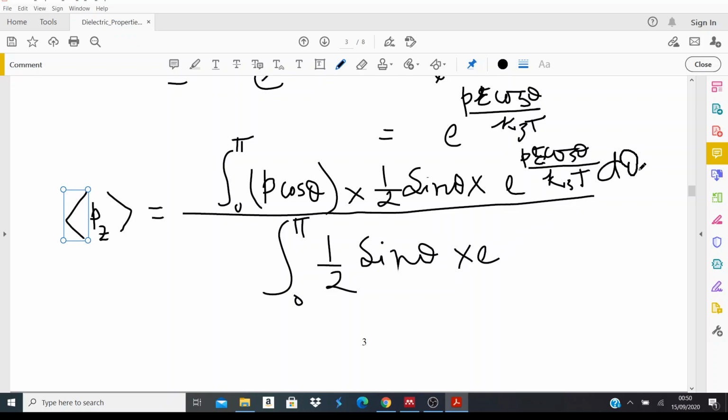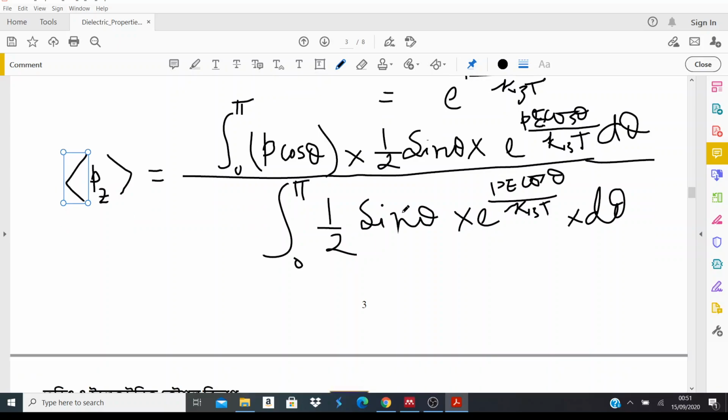Now we should put the integration variable d theta, right? So we have p cos theta by kBT times the integration variable. That's how you calculate the expectation value of the electric dipole moment along some direction, right?